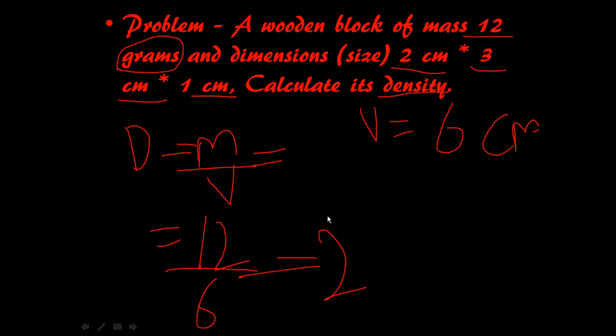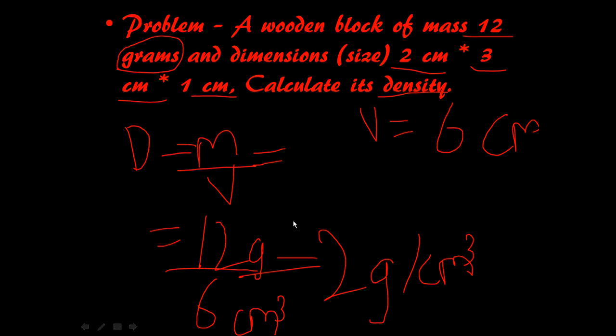The unit will be grams per centimeters cube. Mass is given in grams and the volume is in centimeters cube. So 2 grams per centimeter cube is the density of this wooden block.